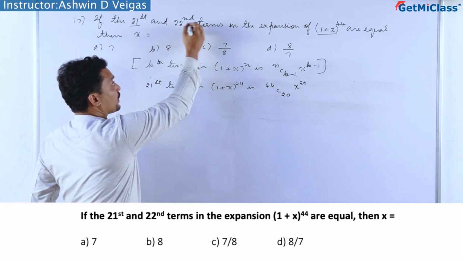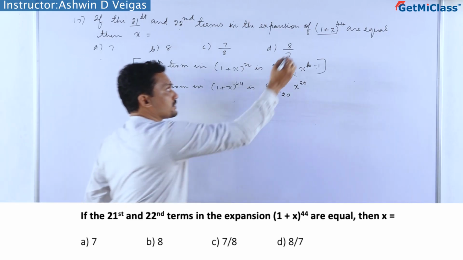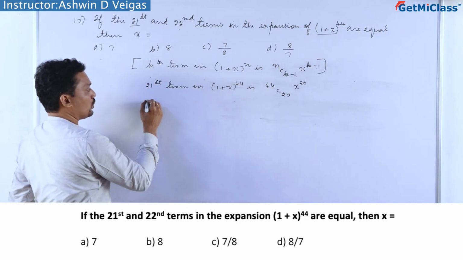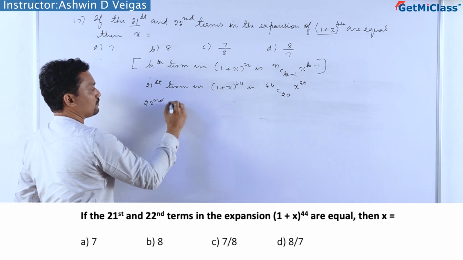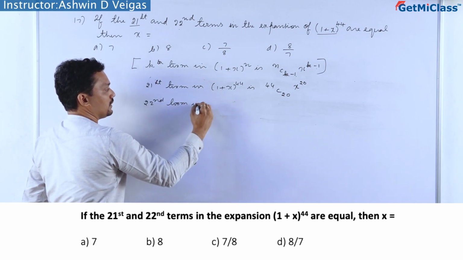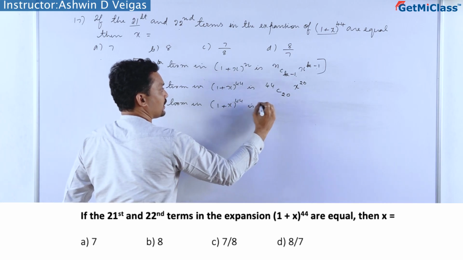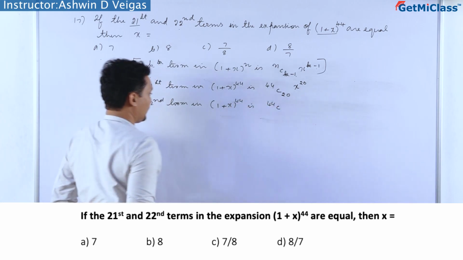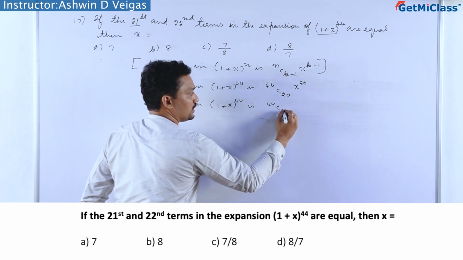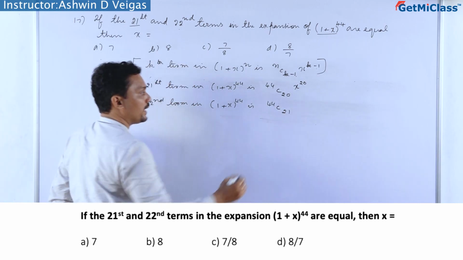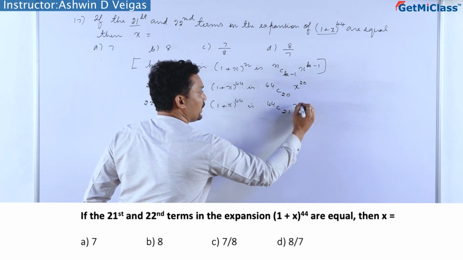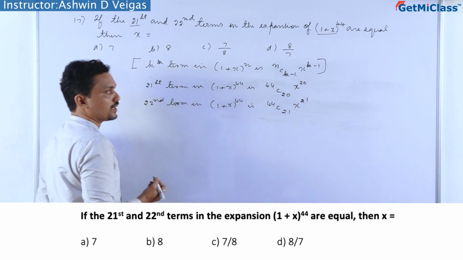They are also talking about the 22nd term in this expansion. So the 22nd term in (1 + x)^44 is nothing but 44C, since this is 22, this will become 21, and x to the same index 21 is going to come.